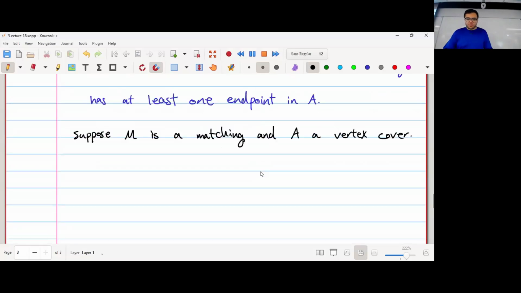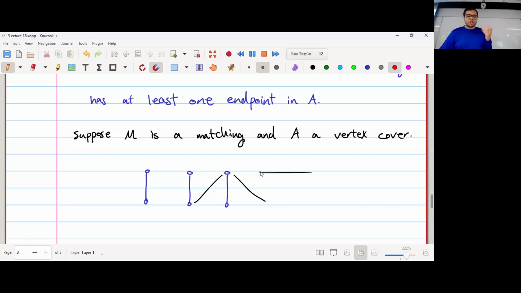So suppose that I have my matching. Again, these are the edges in my matching, and I'm going to also have some other edges in my graph. If I want to have a vertex cover, for every edge of this matching, I have to take at least one of its two endpoints, right?